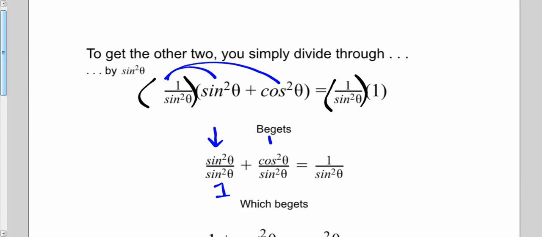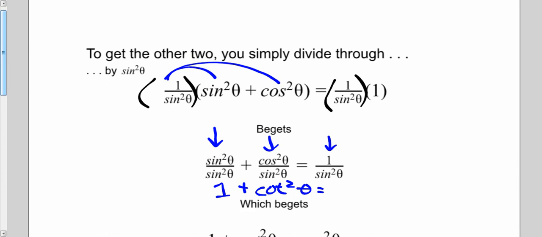What's another name for this fraction? Cotangent. Good, though. Not just cotangent theta, but cotangent squared theta. That's right. It's squared. So this is plus cotangent squared theta equals, and what's another name for this fraction?